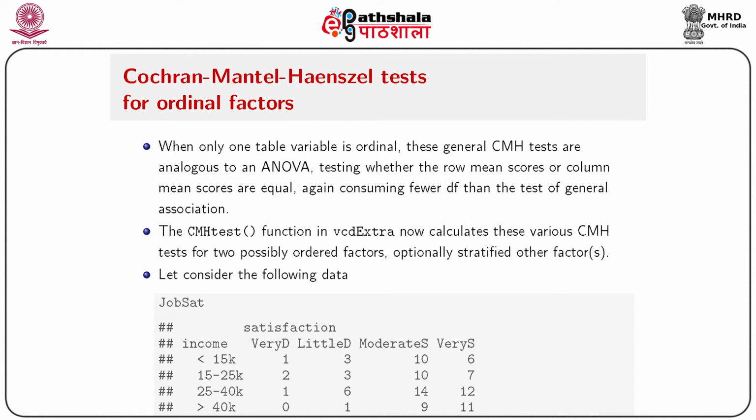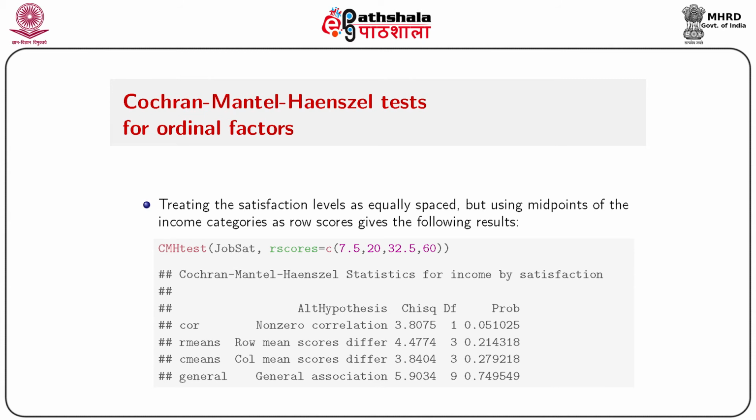The CMHtest function in vcdExtra now calculates these various CMH tests for two possibly ordered factors, optionally stratified by other factors. Let's consider the following data: the JobSat data that we had on income and satisfaction, treating the satisfaction levels as equally spaced, but with the midpoints of the income categories as the row scores, giving the following results.